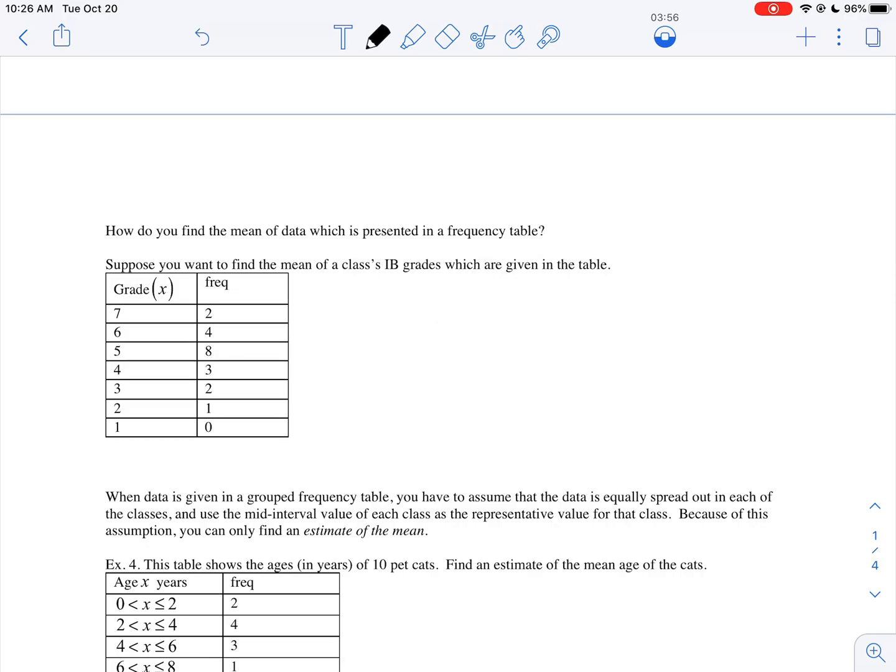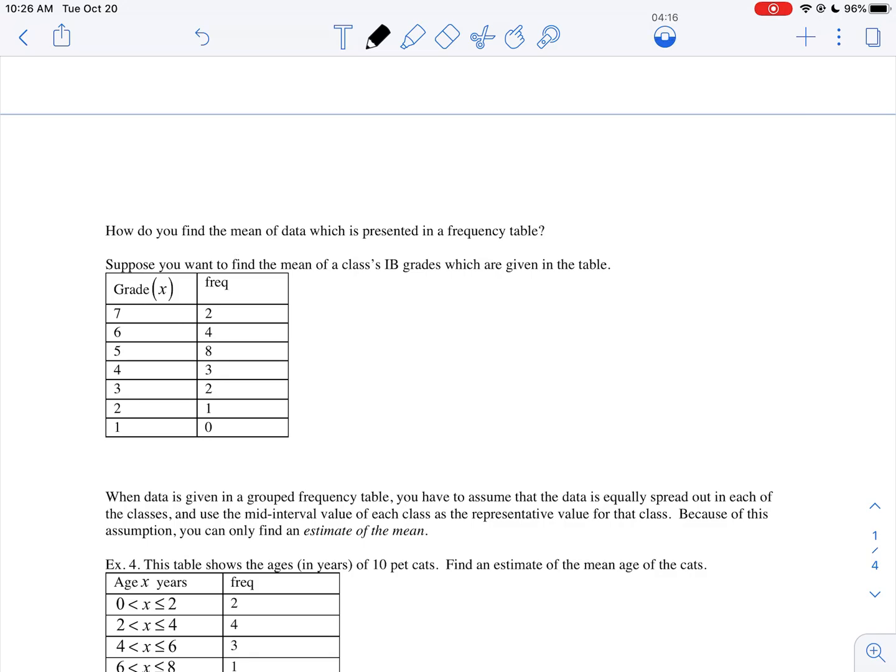So how do you find the mean from a frequency table? I think you can add them up and divide by. We don't need to do a basic mean problem, but we're ready to do an IB calculus level 1. Suppose you want to find the mean of a class's IB grades.